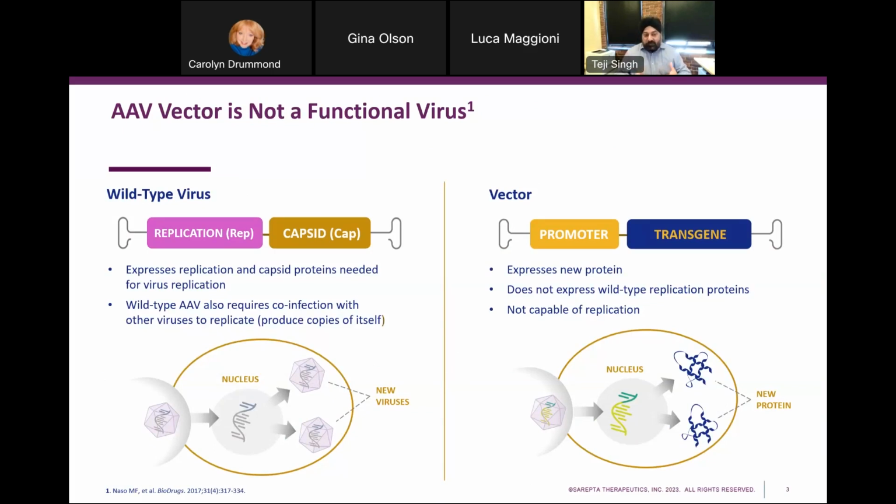So it can produce new versions of itself. In the vector, those replicase and capsid sequences are removed. So the AAV vector does not have the ability to self-replicate, and it cannot express these wild-type replication proteins. That makes the AAV vector a unique way of administering a gene therapy to a cell without worries about replication.